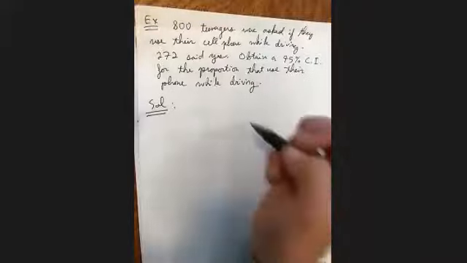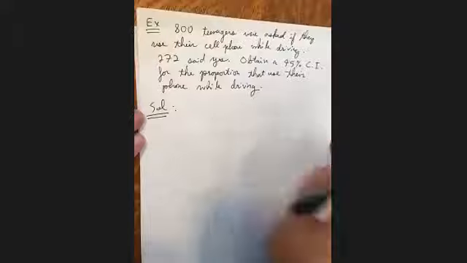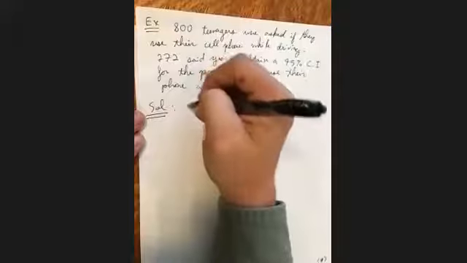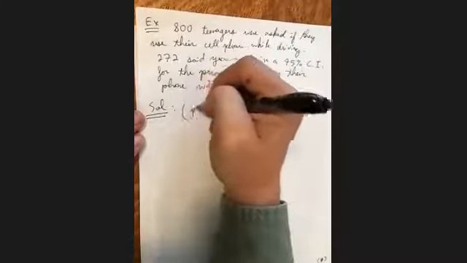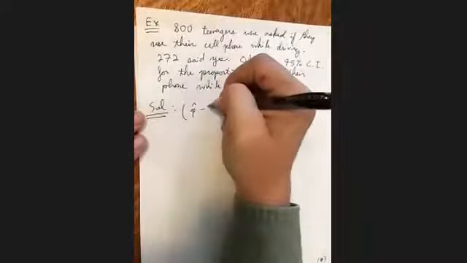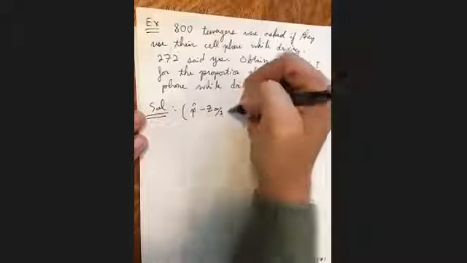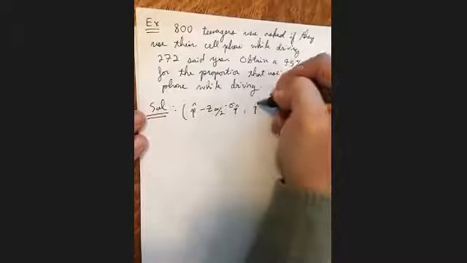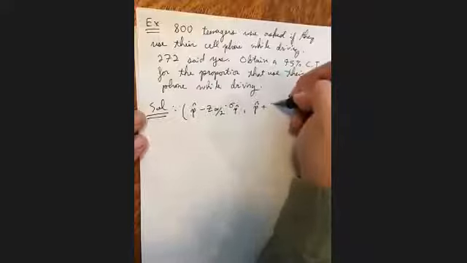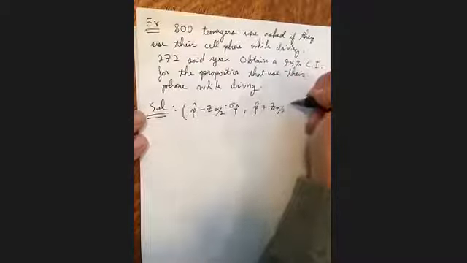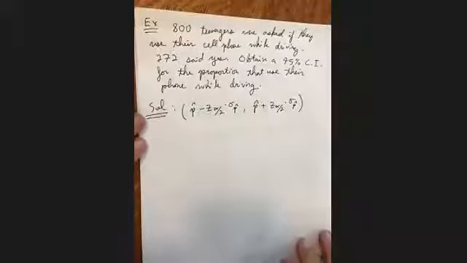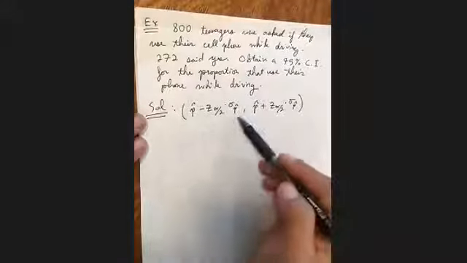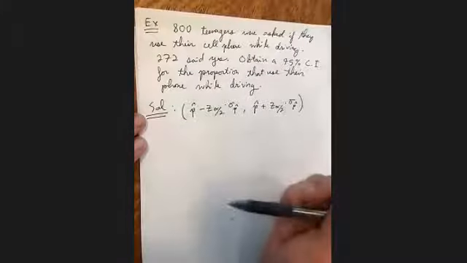All right, so we're trying to construct a confidence interval. So we know that the confidence interval should be given by this. So all we have to do is figure out each one of these pieces and we've got the confidence interval.